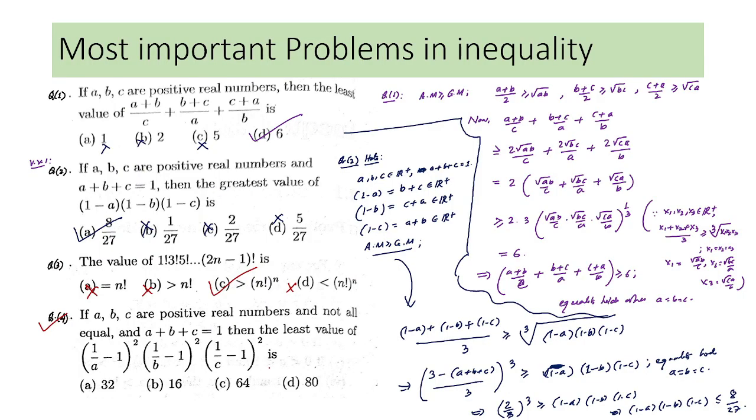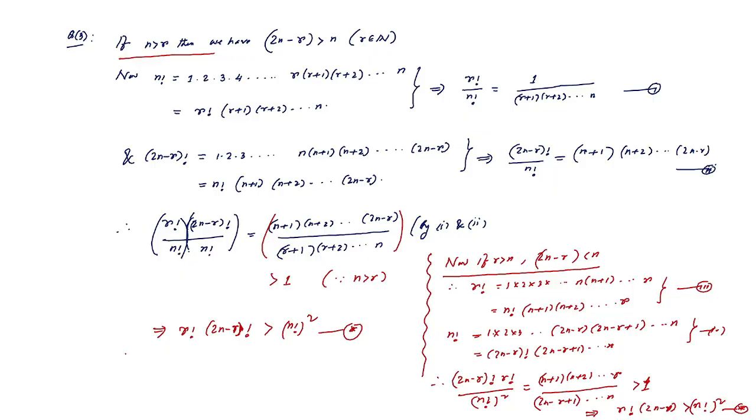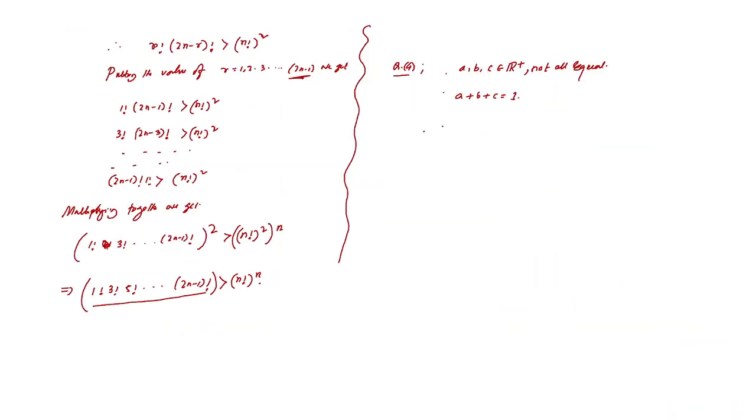The expression: you need to find the least value of (1 by A minus 1) whole square multiplied by (1 by B minus 1) whole square multiplied by (1 by C minus 1) whole square.